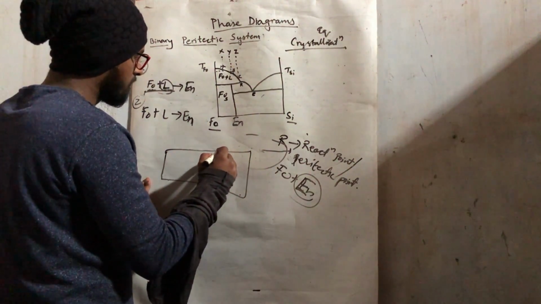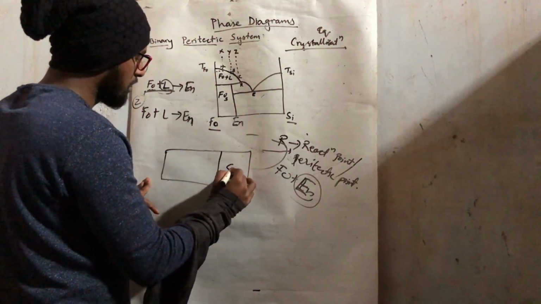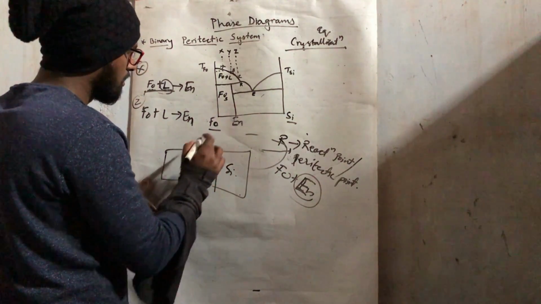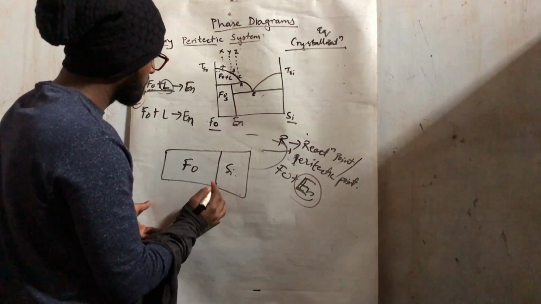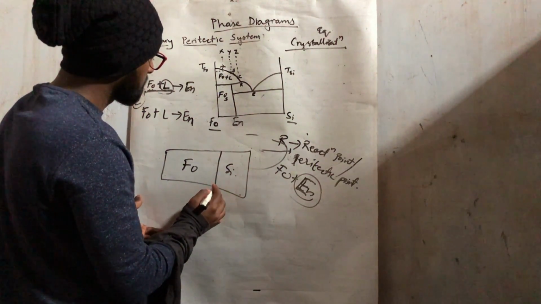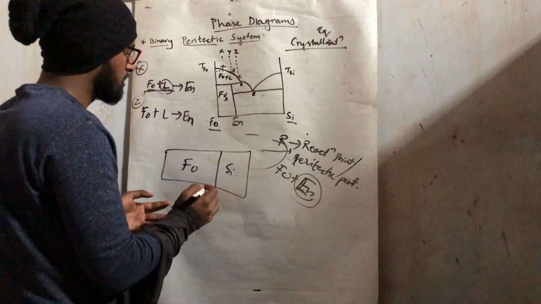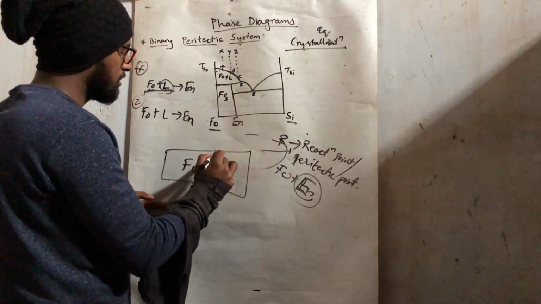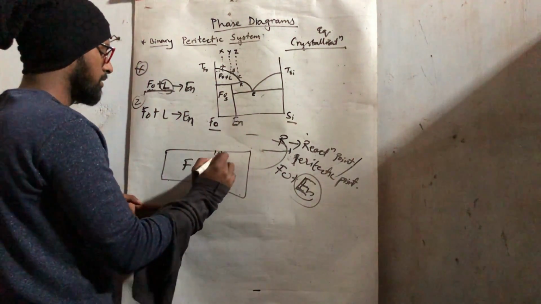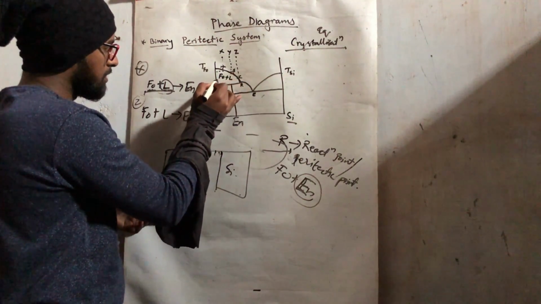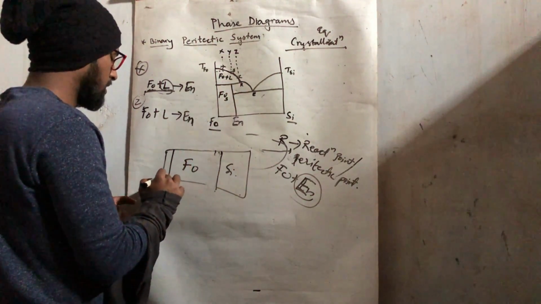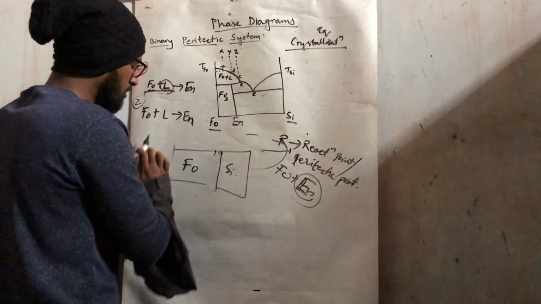Suppose this is the total liquid, this is silica, this is forsterite. Not much forsterite is crystallized, so only part of the forsterite is crystallized. If you see from this point to this, the percentage of crystallized forsterite will be very less.